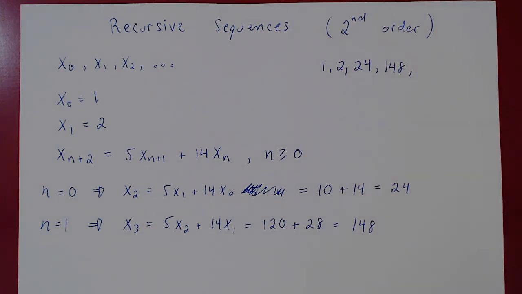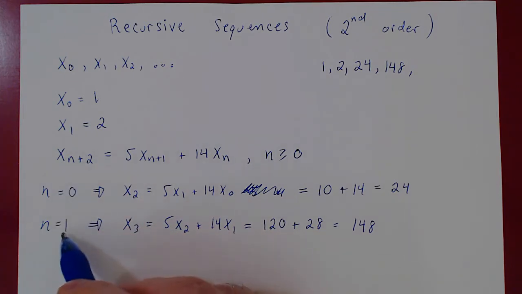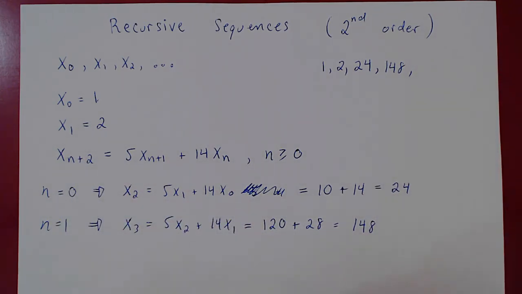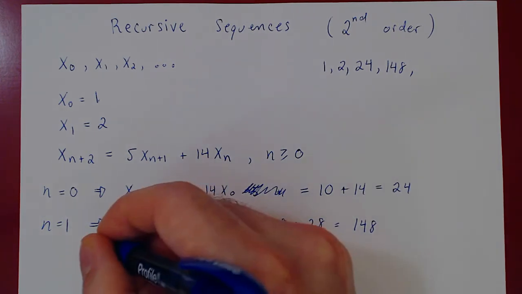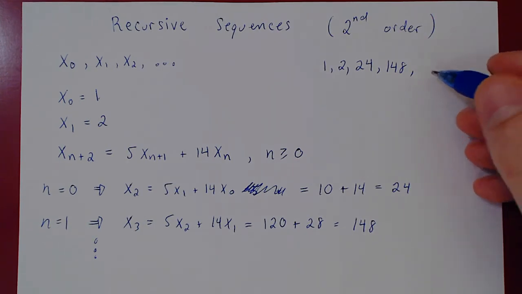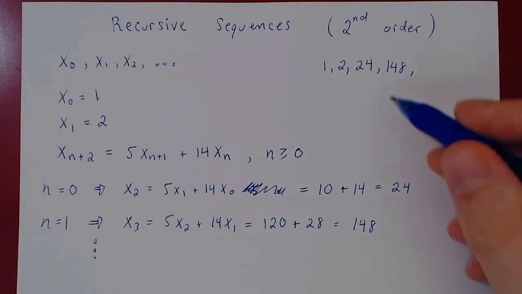And you can keep going like this, building the sequence one term at a time. If you want the next term, choose n equals 2, and you'll have x4, and then you keep going like this. The only problem with this is, what if I ask you to find the 1000th term of the sequence? You can't just jump straight to the 1000th term.